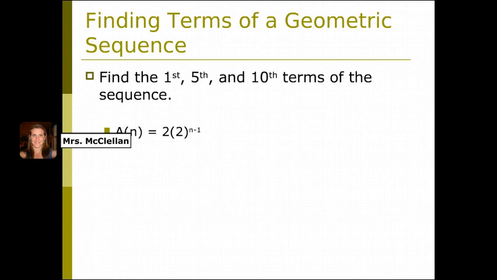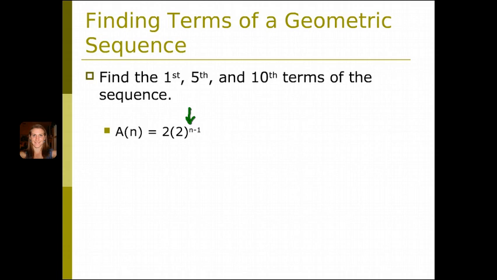Okay, so now that we've talked about how to use the formula for geometric sequence, we're actually going to find the first, fifth, and 10th terms of the sequence A of n equals 2 times 2 raised to the n minus 1 power. Well, as you remember from the slide before, n represents the number that you're looking for.